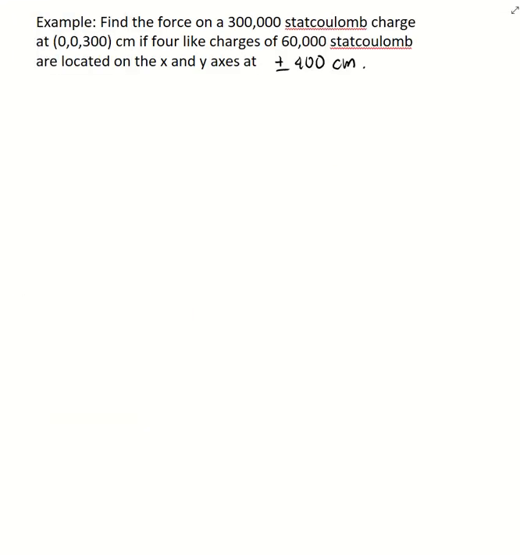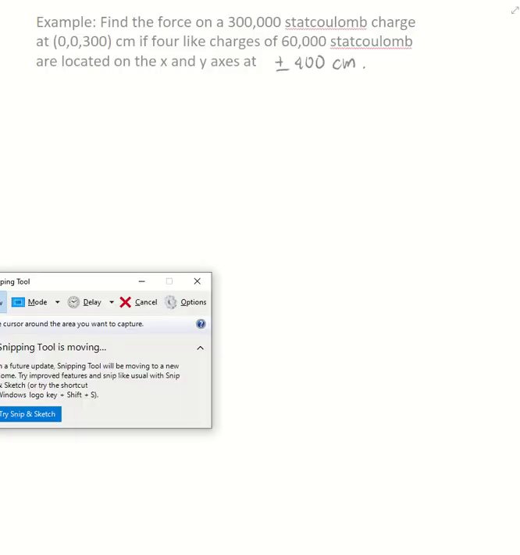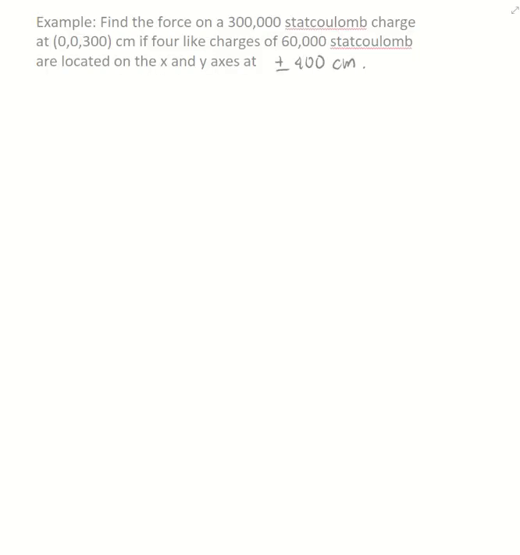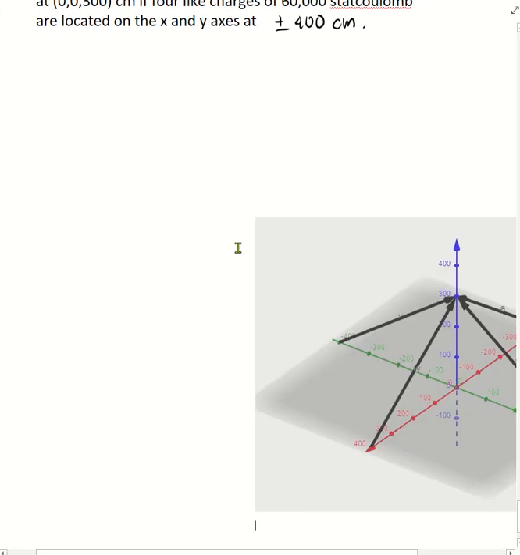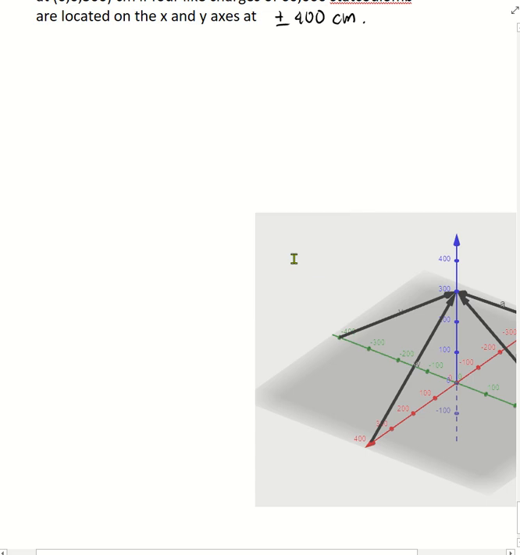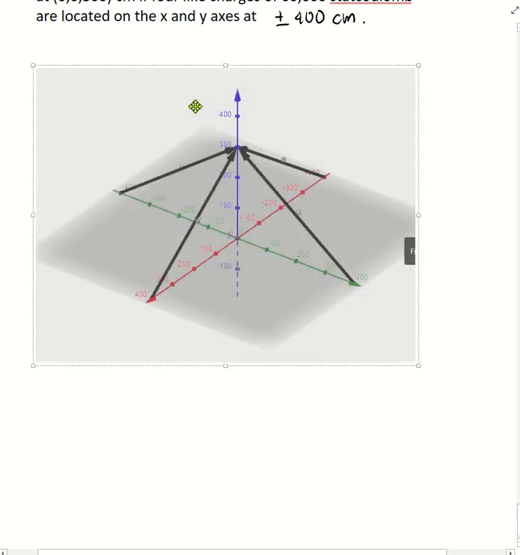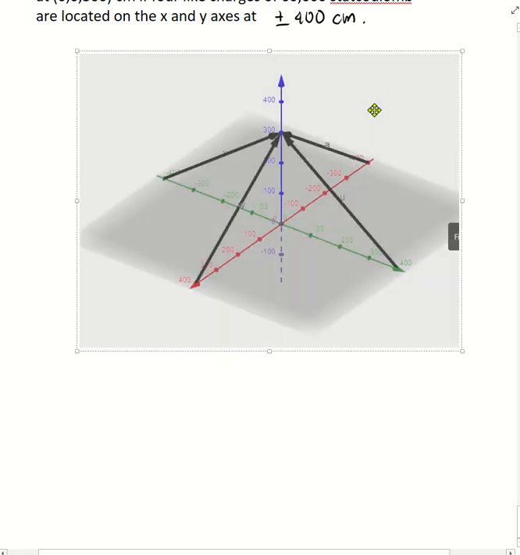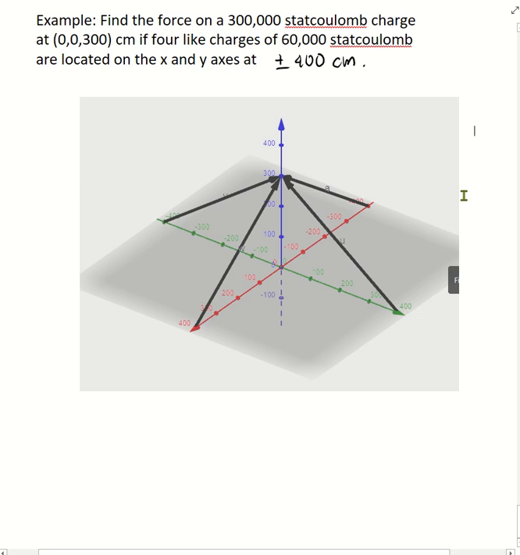I'll just try to snip that one. Here, so we have now the figure. So here, I want to solve for the force at this point here.